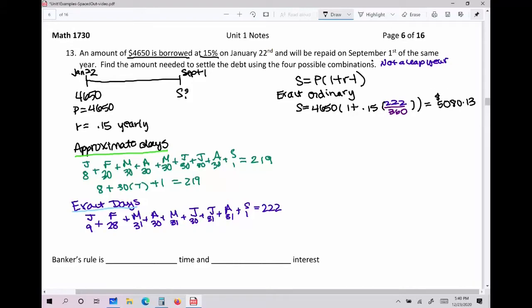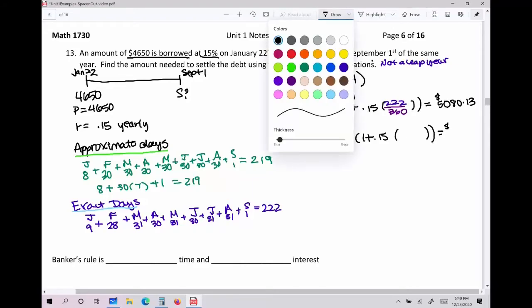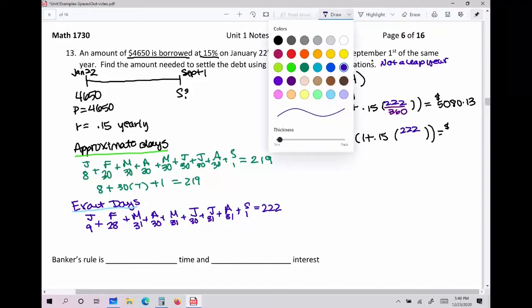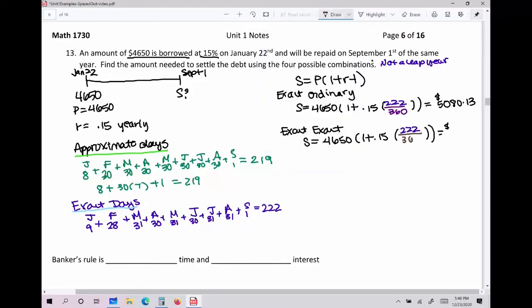Okay. Let's do it again. So now let's do exact. Okay, exact. So we're going to start the same way. We're still finding S. Our P and our R have not changed, so we still have 4,650 times 1 plus 0.15, and then we have to figure out our T. So here when we do our T, exact day, so we're still doing 222, but this time it's going to be over 365 for our exact number of days, and again we're assuming not a leap year.